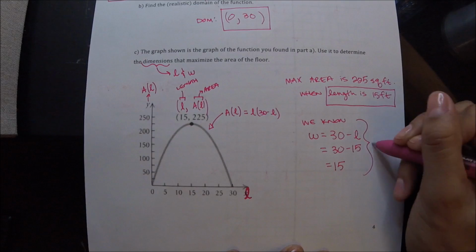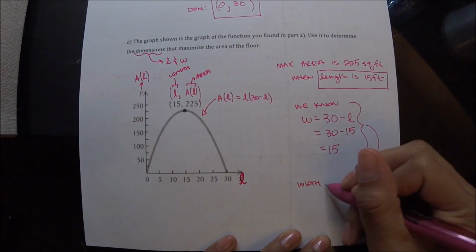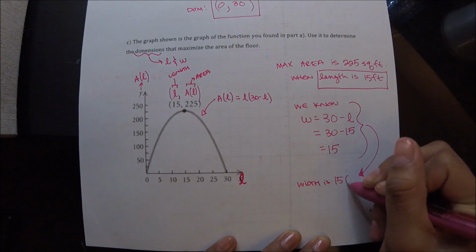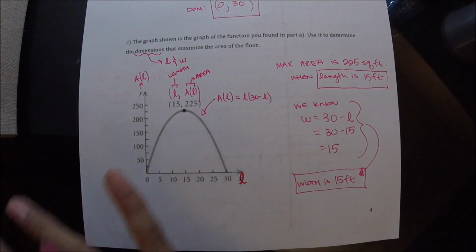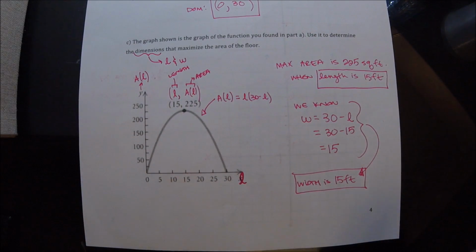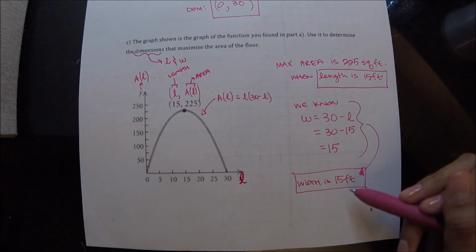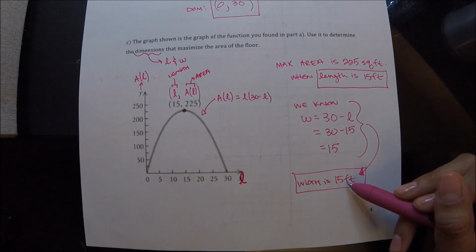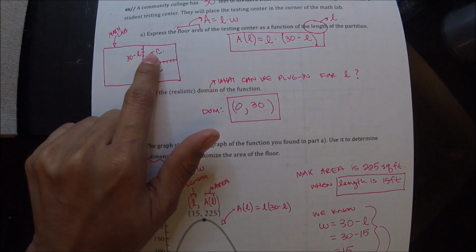So from this, we get that the width is 15 feet. So all together, what this is saying is that when you make the length of the dividers 15 feet and you make the width of the dividers 15 feet, then that will maximize the area of the testing center.